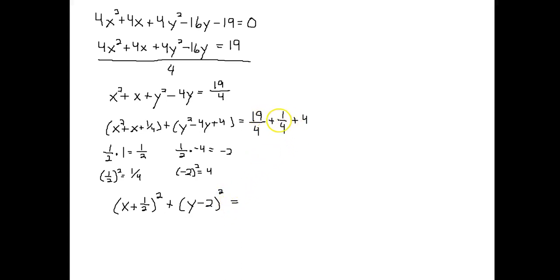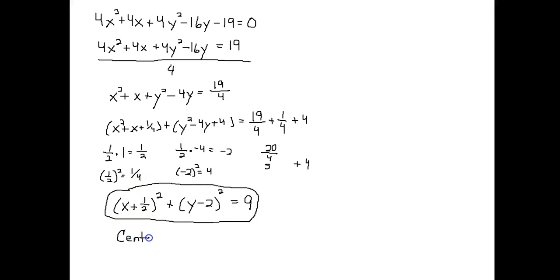And let's see, 19/4 plus 1/4 is 20/4, which is really 5, and 5 plus 4 is really 9. So there you go. So the equation of a circle, the center is at -1/2, comma 2. The radius is 3.